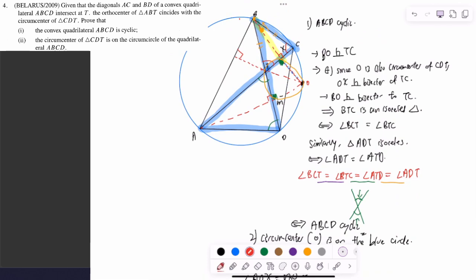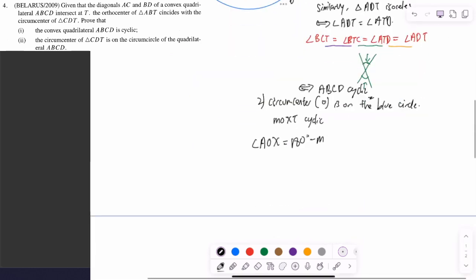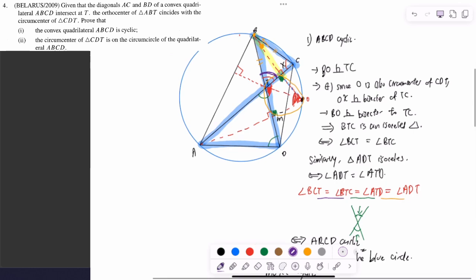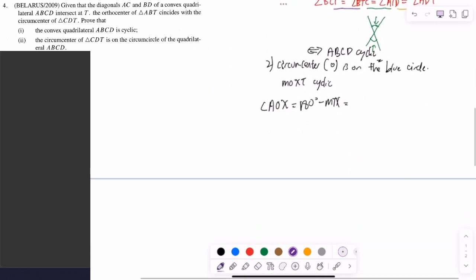So we are saying that angle AOX is 180 degrees minus this, which is MTX. This is also equal to this angle BTC, because they're adjacent on a straight line.